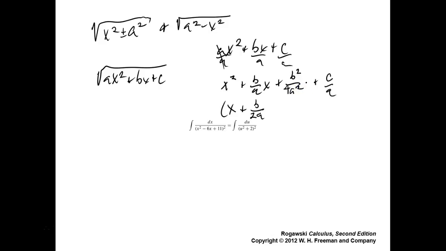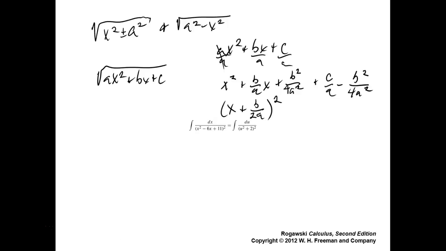And that is the perfect square of that. But I just added that to this, so I have to subtract it over here: minus b squared over 4a squared. So what does that produce?